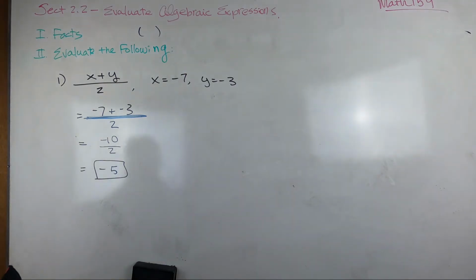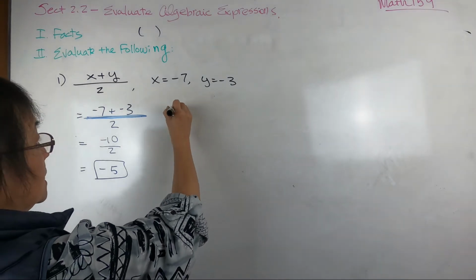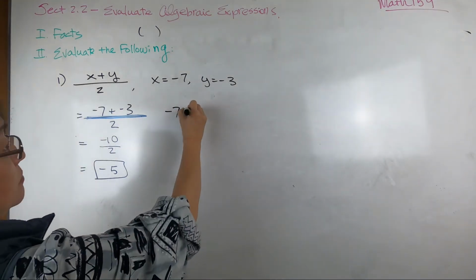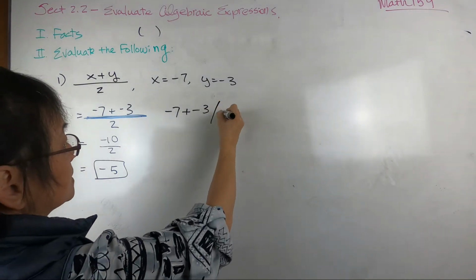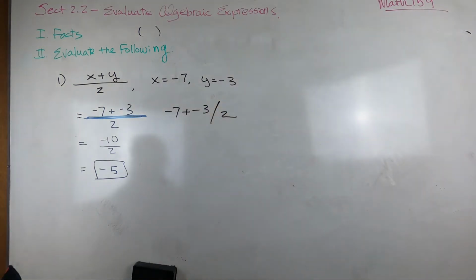However, when you put it into a calculator or a computer, you will enter -7 plus -3, divided by 2. What do you think the computer or calculator will do? They will follow the order of operations, because that's how we program them.